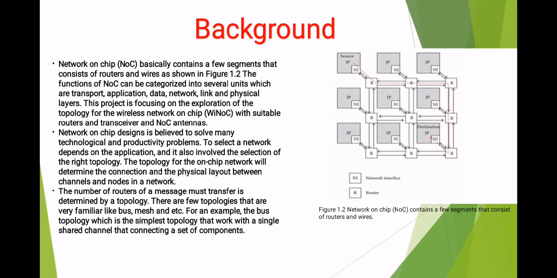Now, another background is the NoC, network on chip. NoC basically contains a few elements that consist of the routers and the wires, as shown in figure 1.2. The functions of the NoC can be categorized into several units: transport, application, data, network, link, and physical layers.